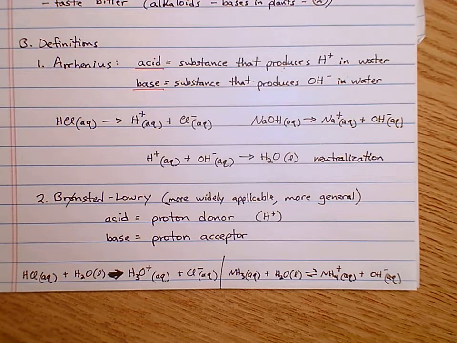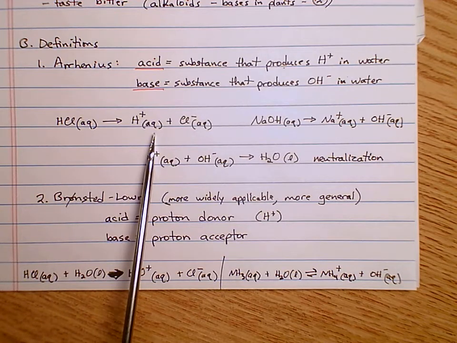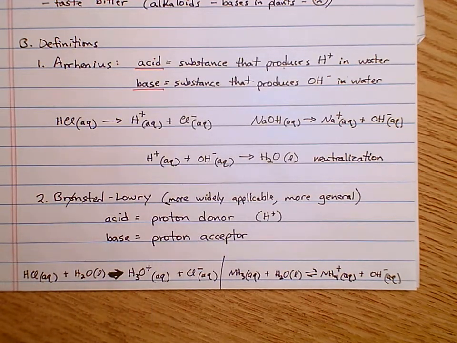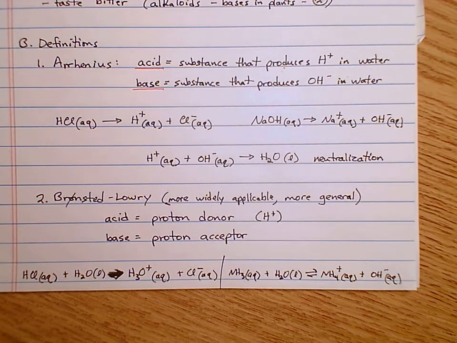Any Bronsted-Lowry acid-base reaction needs an acid and a base. So while Arrhenius would write HCl aqueous goes to H plus aqueous plus Cl minus aqueous, Bronsted-Lowry would say HCl aqueous plus H2O liquid goes to H3O plus aqueous plus Cl minus aqueous.